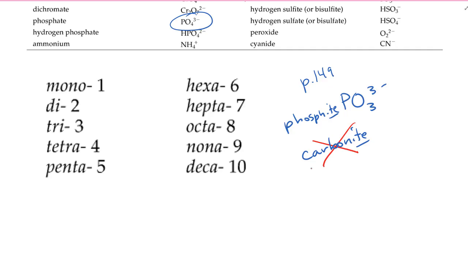But anybody remember anything about carbonite from Star Wars? Han Solo was encased in carbonite. Okay, so it's possible in sci-fi. But just because it's possible in sci-fi does not mean that it's possible in real life. So you may have heard of carbonite before, but it doesn't exist.